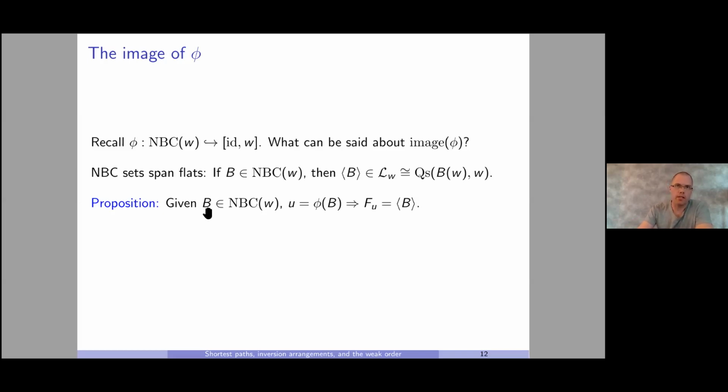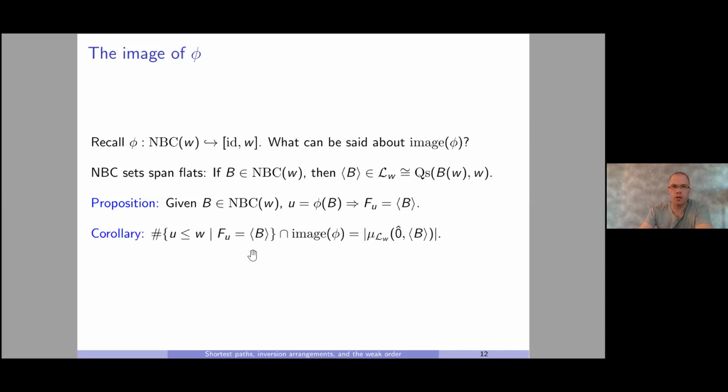Well, a flat in the intersection lattice is the same as a quick-step set in the Bruhat graph. And what this proposition says is that the vertex in the Bruhat graph which has B as its image will have this flat as quick-step set. That's what it says.